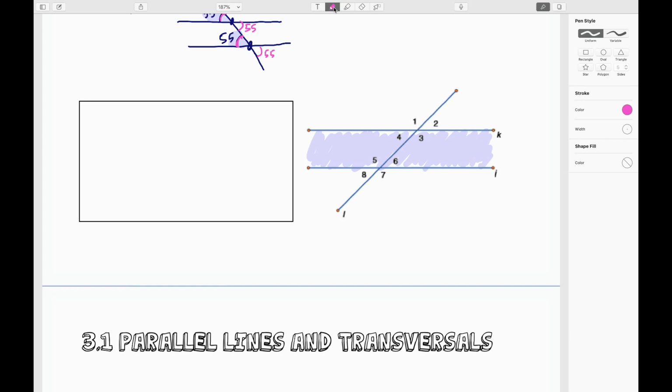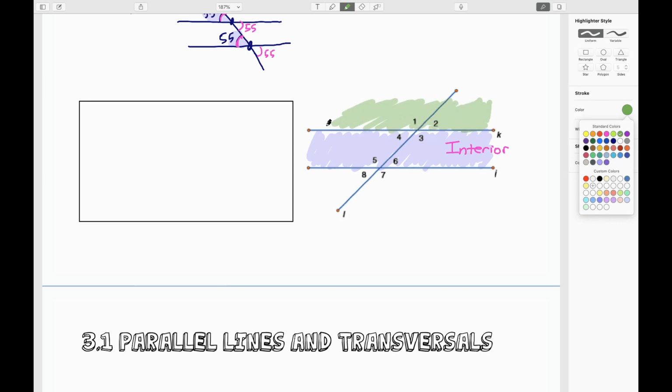And we call that area of space interior, which means that there's an area of space outside of those parallel lines. It's top and bottom, and we call that exterior.